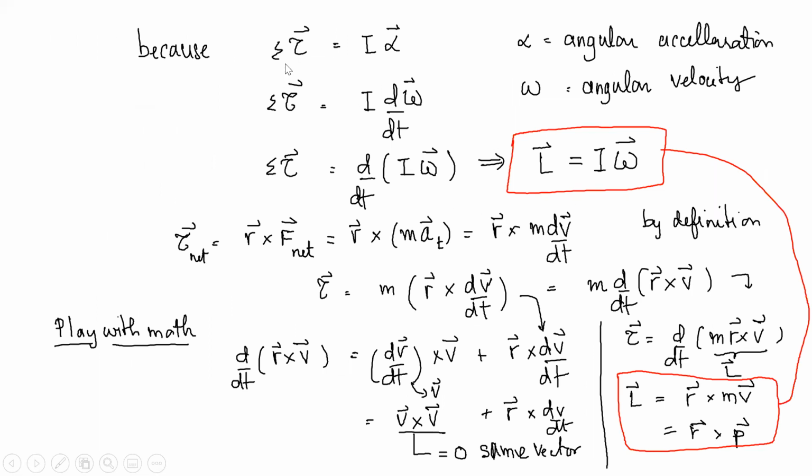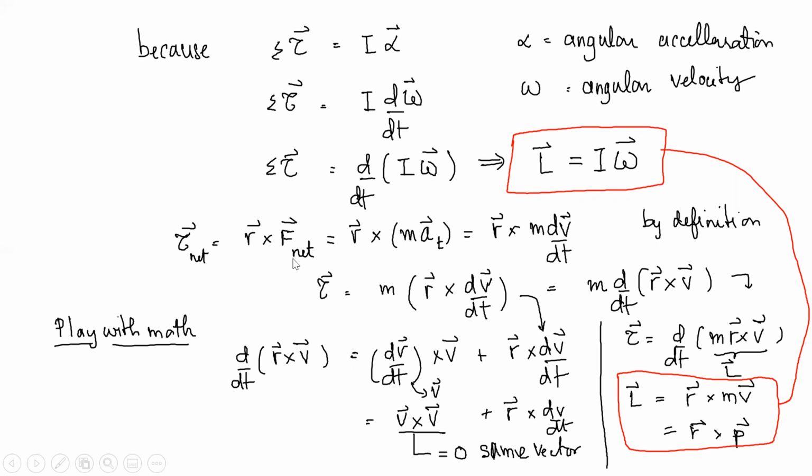So I will do some proof here. Torque is I alpha, and alpha is d omega by dt. So torque is d by dt of I omega, and this is called angular momentum L. If we look at another term, torque is r cross F, where F is the net force on the object.